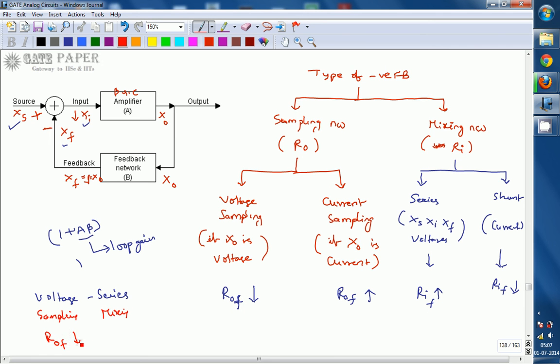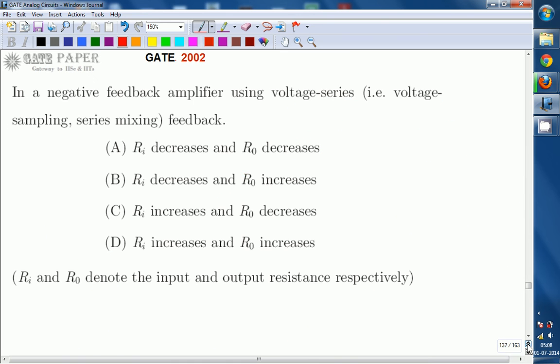Series mixing is related to the input impedance, which increases with feedback. So the answer is RIF increases and R0F decreases. Input impedance increases and output impedance decreases. So Ri increases and R0 decreases. The right answer for this question is C.